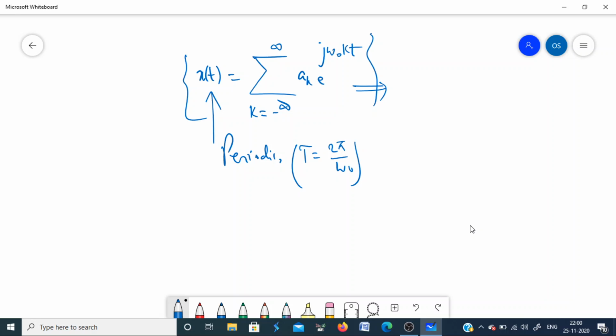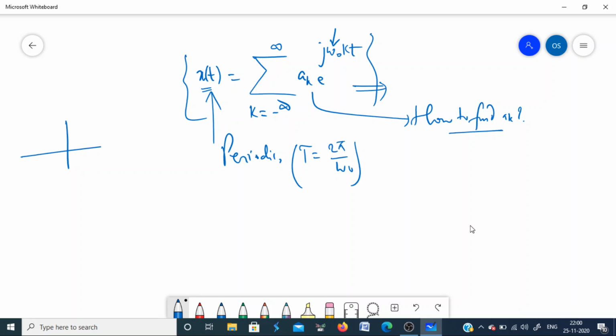And the question is how to find this Fourier series coefficient. Because when the signal x(t) is given and it is periodic, from that signal you can simply calculate the time period, and once you know the time period, you can compute the parameter omega naught, which is 2 pi by T.